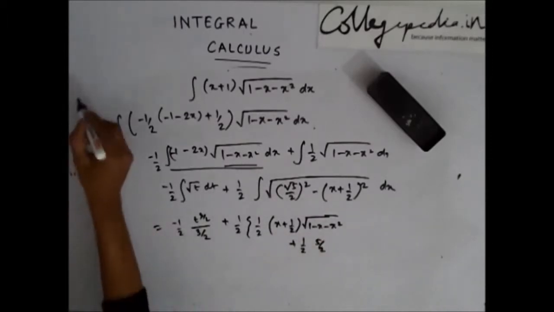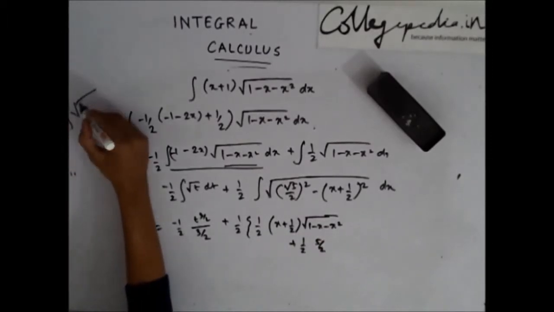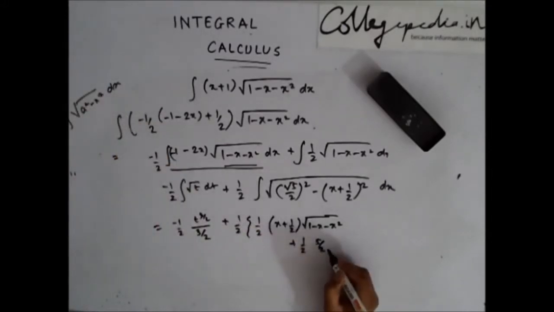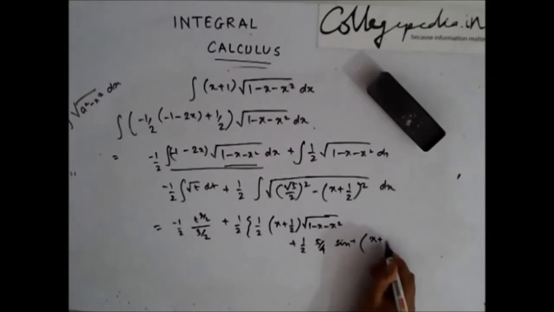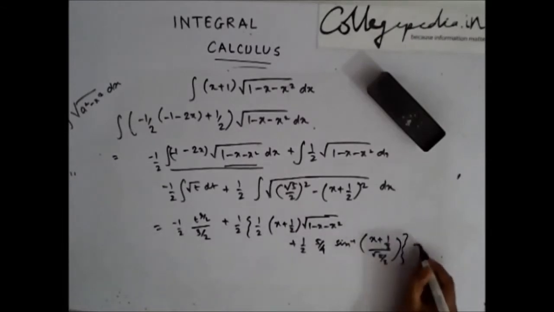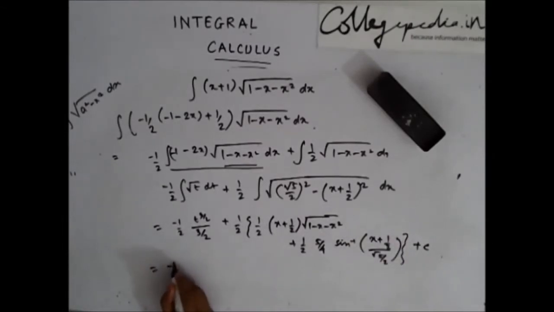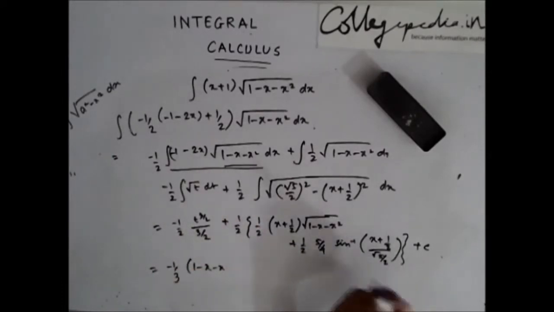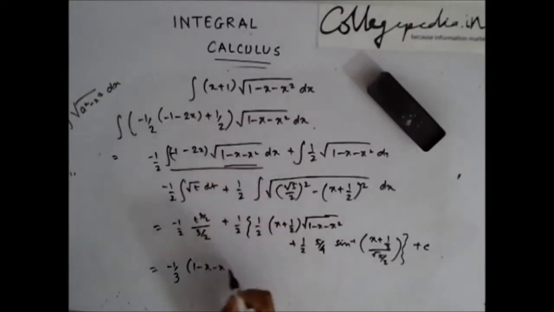I have used the formula of integration of root of a square minus x square dx, plus a constant. So this becomes my final answer. I have replaced t with this value. This is my t.